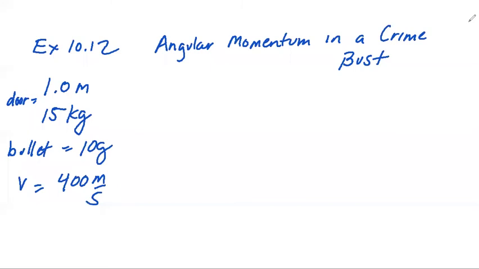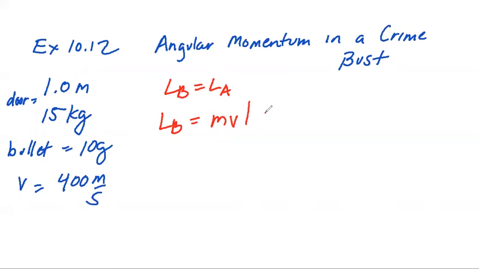We're going to solve this by conservation of angular momentum. So L before equals L after, where we take the bullet and the door as the system. L before equals the mass of the bullet times the velocity of the bullet times the distance to the hinge.